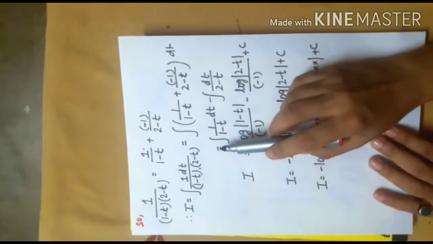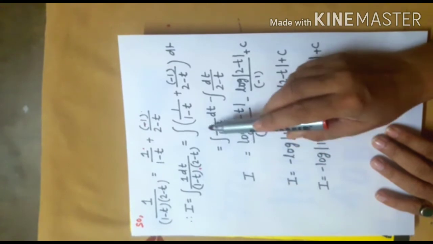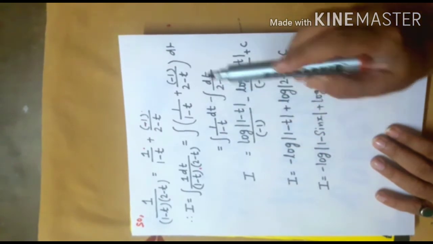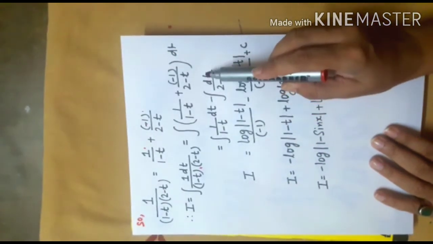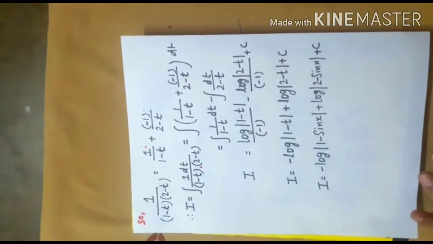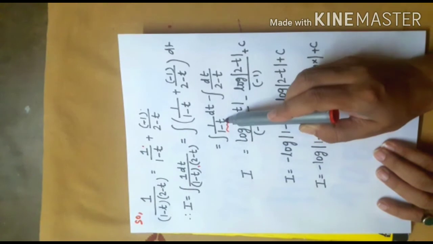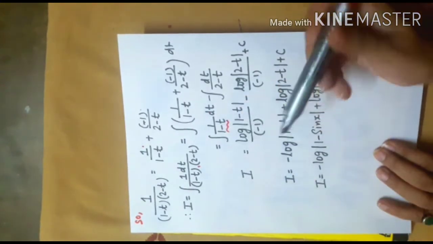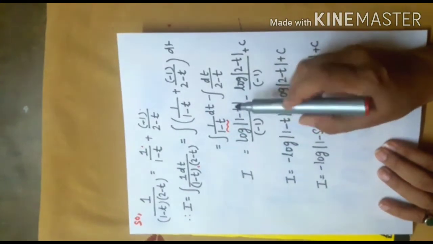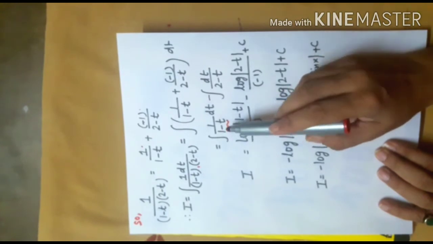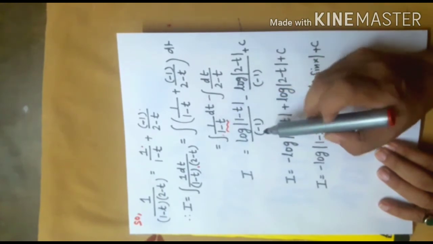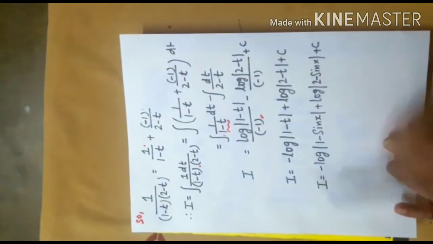Separate the integrals. So I'll get integral 1 over 1 minus t dt minus integral dt over 2 minus t. So I will be equal to, it is linear. So integral will be log of mod 1 minus t, and do not forget to divide it by derivative of 1 minus t, which is minus 1.